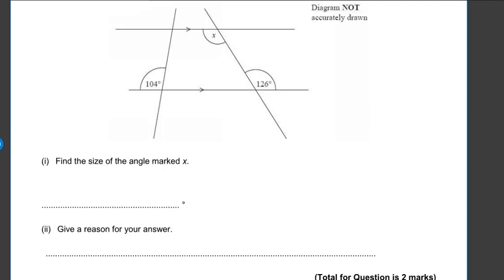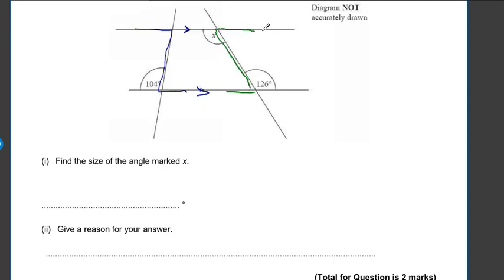This is the last question I'm doing. Find the angle marked X. Alright. Straight away. Parallel lines. We're going to have Z shapes. Here you go. Z. Yeah. There's loads of Z's. Backwards Z. Whatever. Alright. So here. Another Z shape.